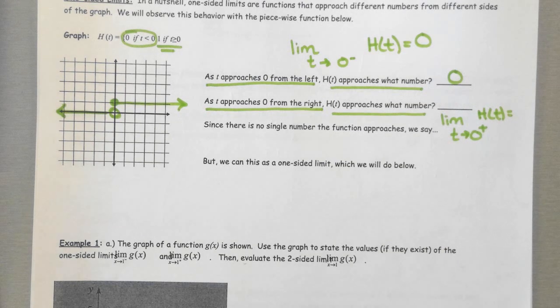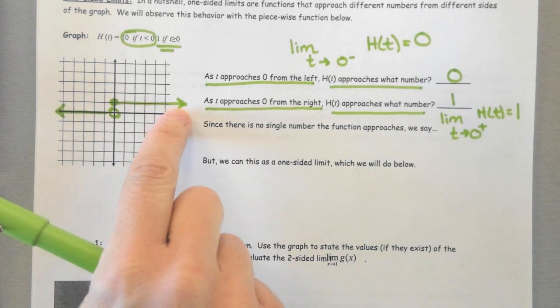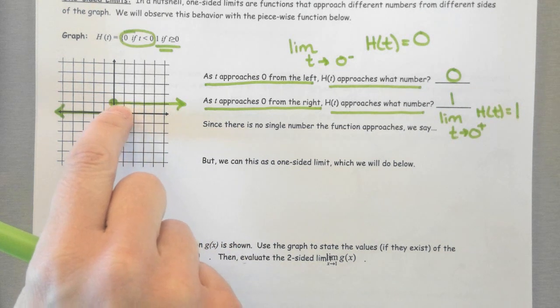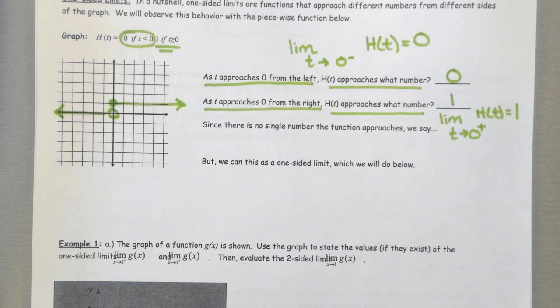Okay, so now we're walking along. We're headed toward 0 again. As I head toward 0, what am I heading toward in terms of y? 1. So as I head that way, I head to 1. Again, I'm headed toward 0 in terms of x. What's the y coordinate? The y value is 1.